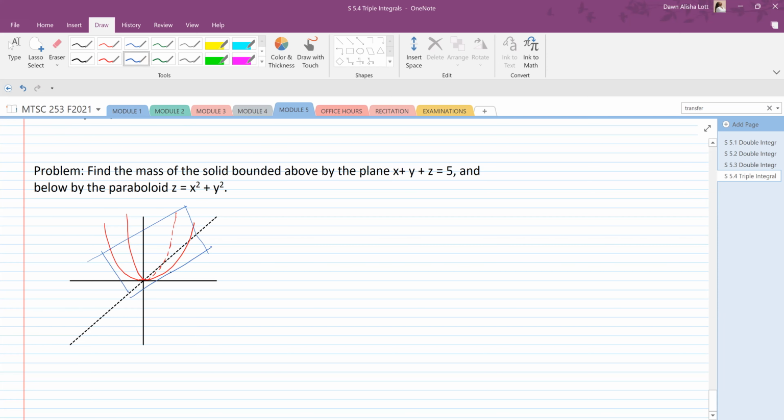So you're going to integrate from the surface, from here up to the plane. You're always going from the parabola up to the plane. So the hard part is, what's the region down here?